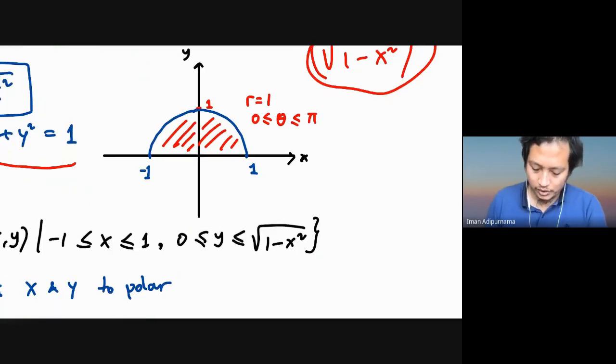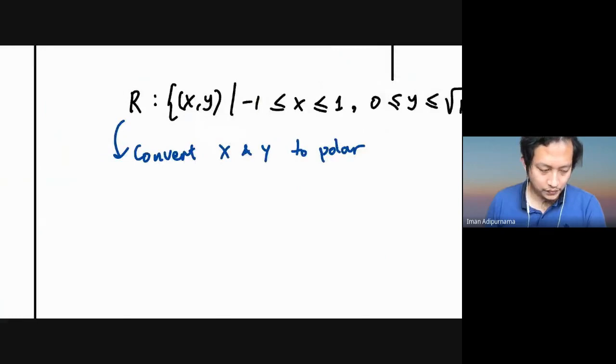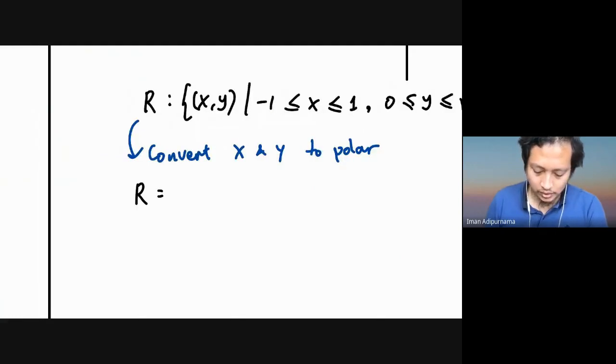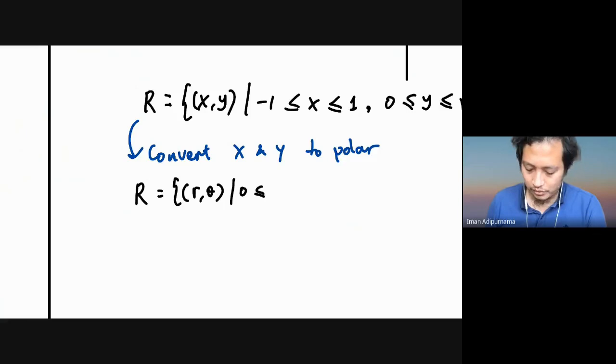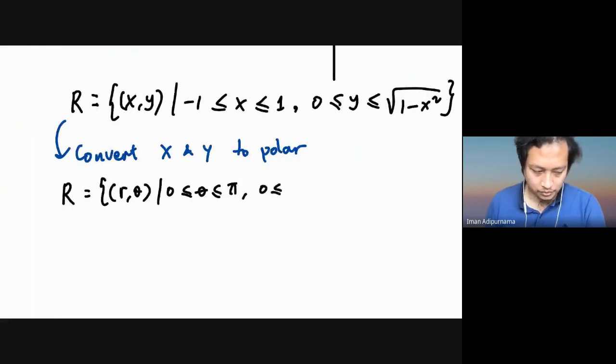And then if you want to convert to r theta, you will have theta from 0 to pi, and then r from 0 to 1.